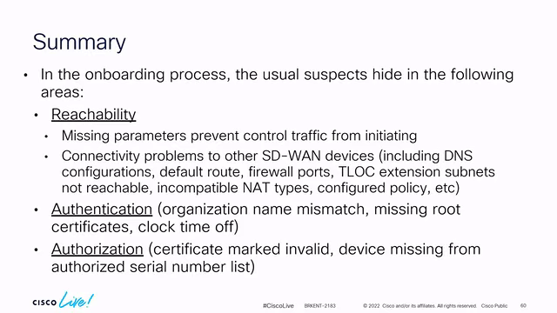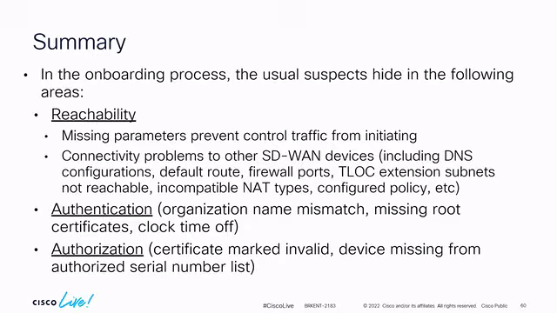We might have missing parameters that prevent us from initiating traffic. We may have connectivity problems from DNS configurations, default route configurations, or firewall ports blocking us. There may be TLOC extension subnets not being advertised. We might have incompatible NAT types, or maybe we have configured a policy that's preventing us.